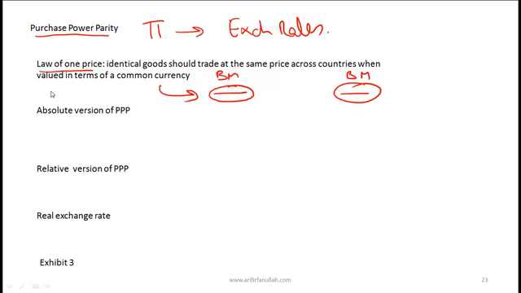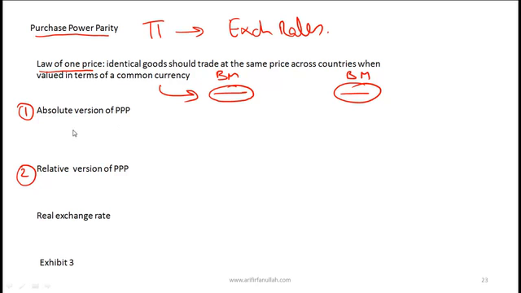Now, there are two flavors to purchasing power parity. One is called the absolute version of purchasing power parity, and the other is called the relative version of purchasing power parity. So according to the absolute version, the equilibrium exchange rate between two countries is determined entirely by the ratio of their national price levels.